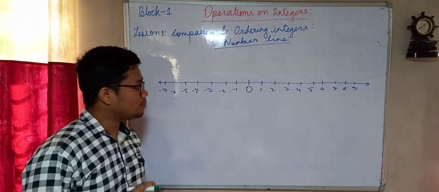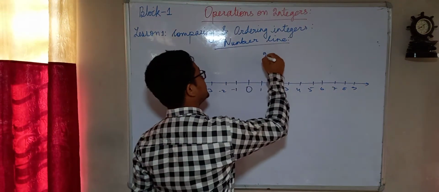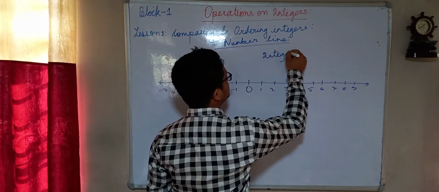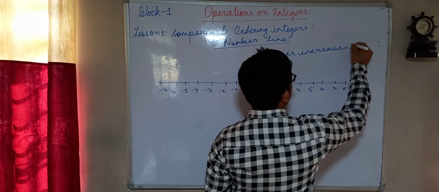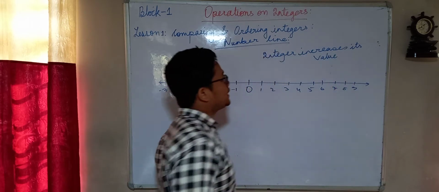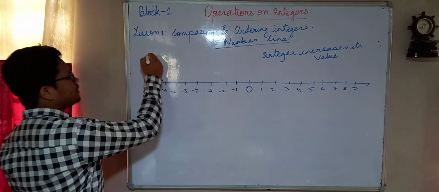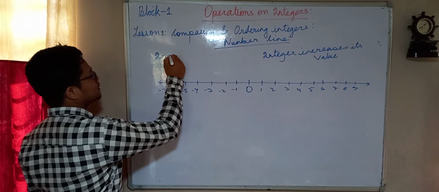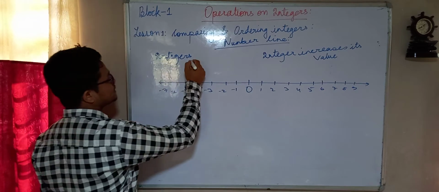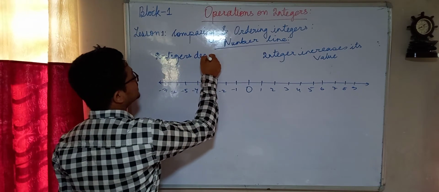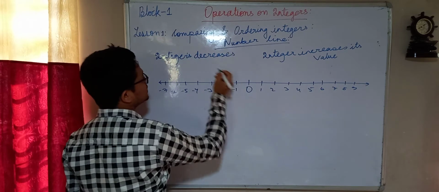A line which represents integers is known as a number line. Now what happens in a number line is, as you go on the right hand side, the integer increases its value. But when you go leftwards, the integer's value decreases.